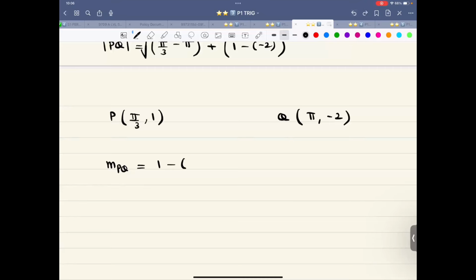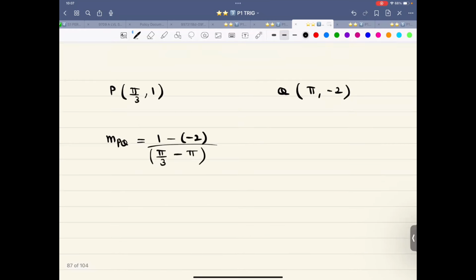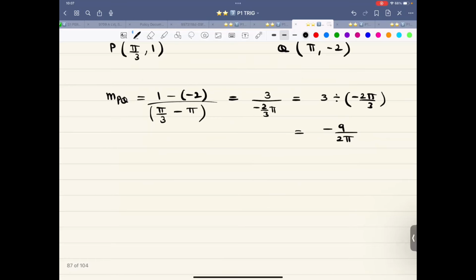Change in y divided by change in x, that is pi over 3 minus pi. So this is 3 divided by negative 2/3 pi. So this becomes negative 9 divided by 2 pi. That is the gradient.